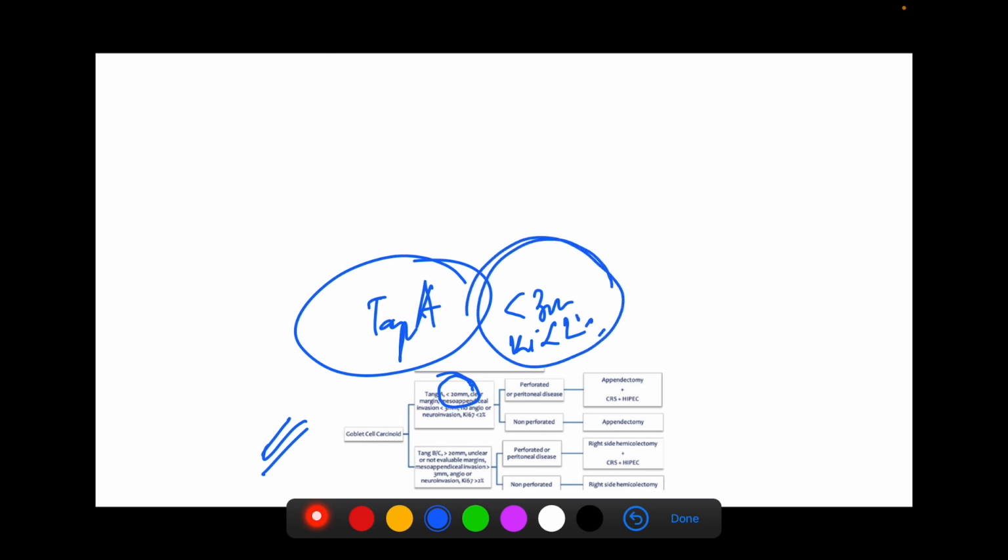So these criteria are more or less like the neuroendocrine tumor. Here, if it is not perforated, appendicectomy only. If it is perforated, appendicectomy with CRS HIPEC.